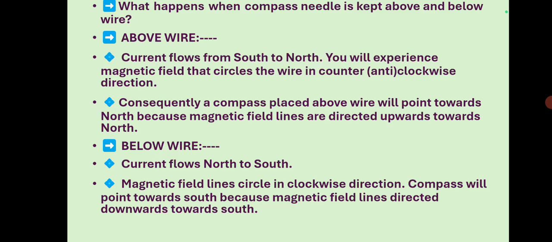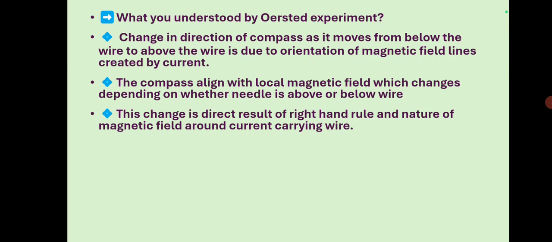When it is placed below the wire, the magnetic fields are directed downwards towards the south. Right? Next, what do we understand by Oersted's experiment? Nothing but that electric current produces a magnetic field, and we calculate that magnetic field depending upon its strength and direction. In the next topic, let us discuss this.